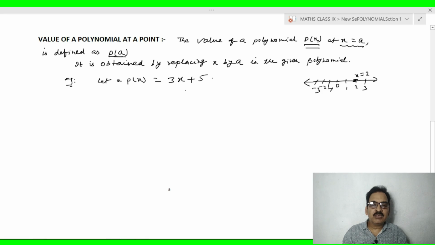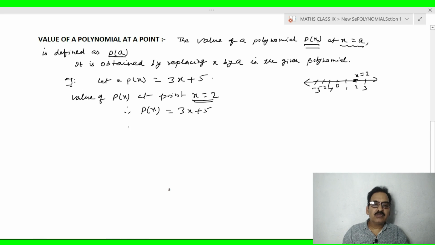So let the polynomial be 3x plus 5. If you want to find the value of p(x) at x equal to 2, this is the point you have taken. So what is the value? We know p(x) is 3x plus 5.